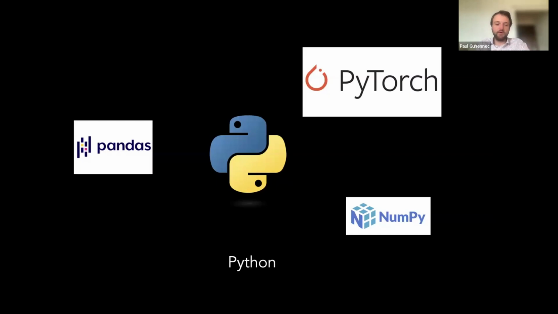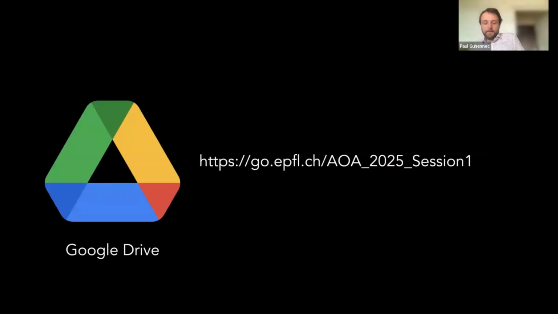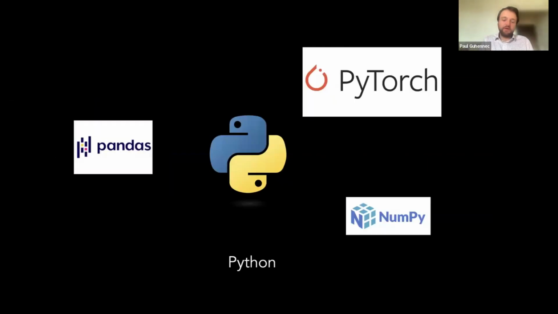NumPy is very good with number calculations, and Pandas is good for data sets and table structuring, etc. So we'll be using Python. Now, because this is an online course, I know it's quite difficult to make sure that you all have Python installed on your computers, also because some of you are not very proficient yet.